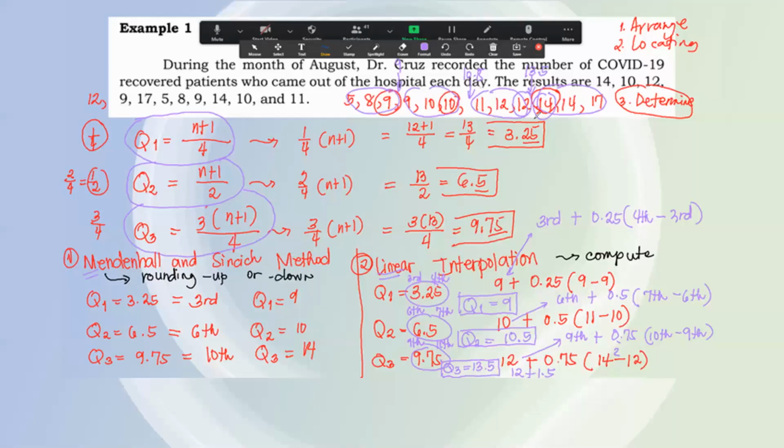Yung isa, tingnan ko. Ay, kailangan kasi makita ko muna. Puro linear interpolation naman. Kasi mas accurate nga siya at mas ginagamit siya. Okay. So, let's proceed.